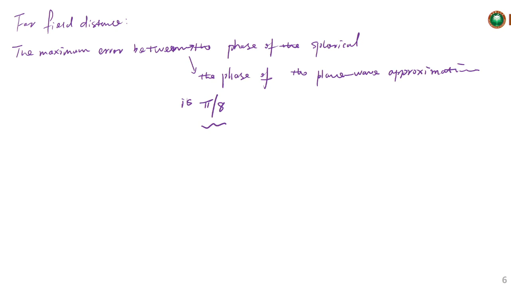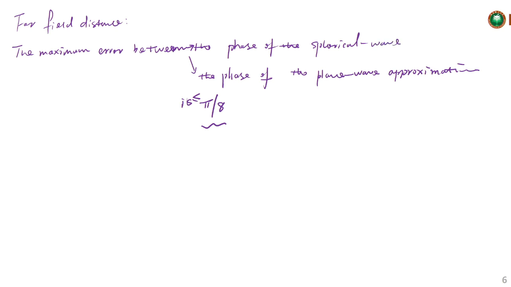So when the maximum error is smaller than pi over 8, we can regard this spherical wave as a plane wave.